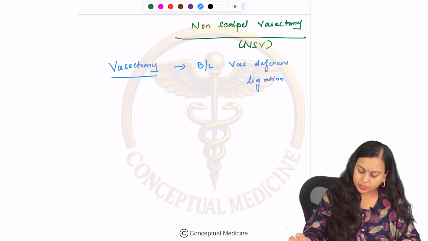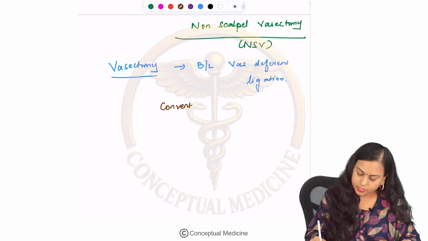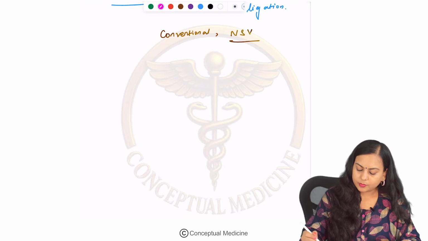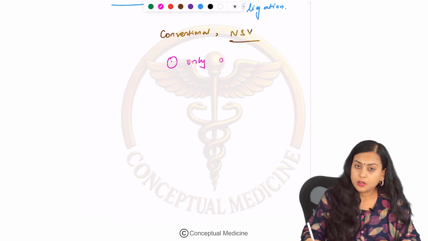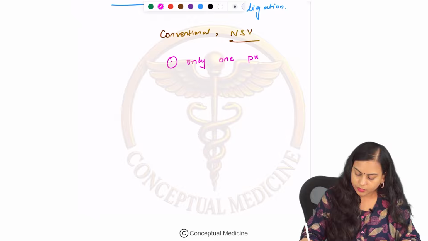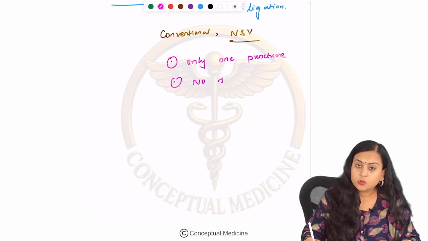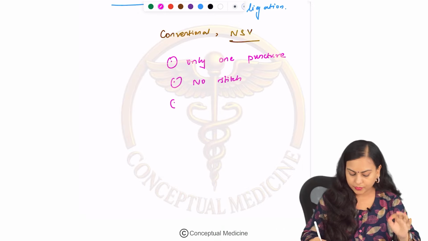Okay, so there are two methods, either a conventional method or a non-scalpel vasectomy. Non-scalpel vasectomy means there is only one single puncture technique. There is no stitch needed, whereas in a conventional technique you need multiple stitches.